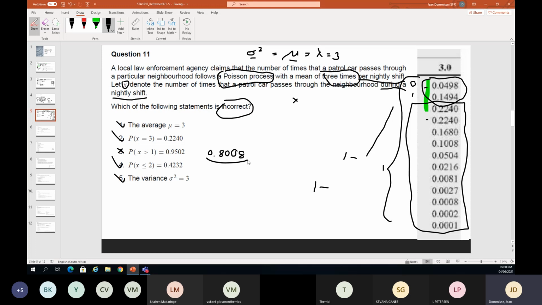So you say 1 minus brackets, that plus that, close bracket. Yes. Okay, cool. Because I might have done it wrong on my calculator here. Oh, okay. So you get the same answer though. What I also normally do is say 0.0498 plus 0.1494.